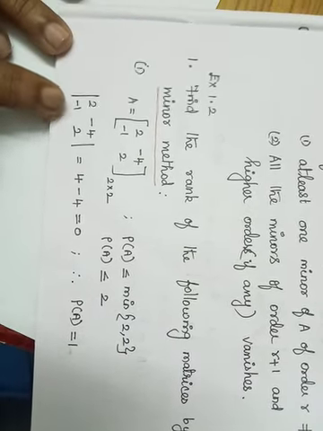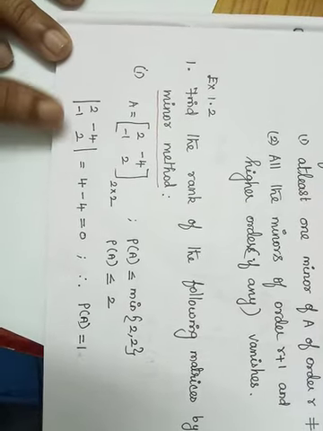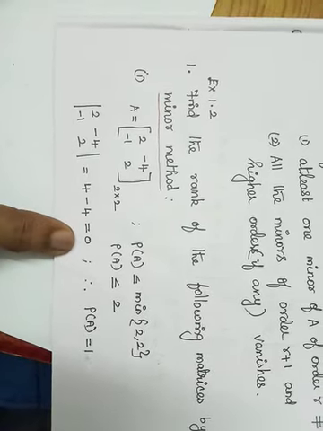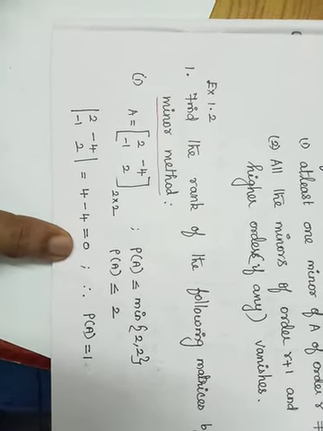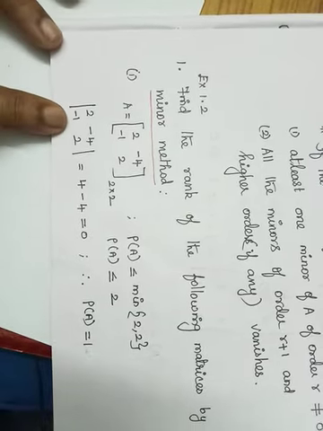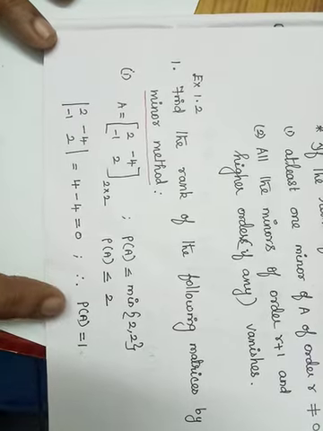So first I consider the 2 by 2 minor. When you consider the value, it is equal to 0. But while you are considering rank, the minor should not be equal to 0. So here the 2 by 2 minor is equal to 0. Therefore the rank of the matrix, that is row of A, is equal to 1.